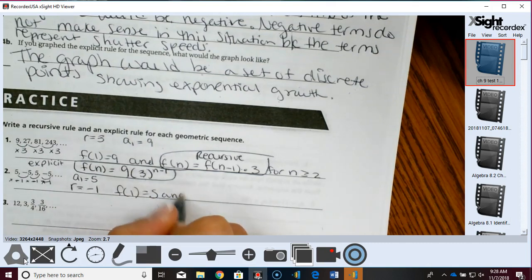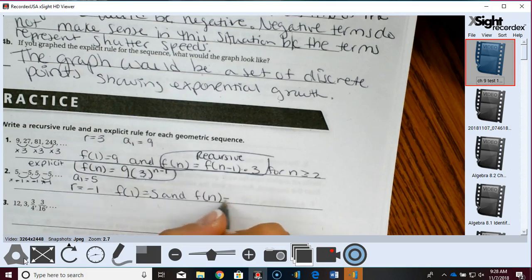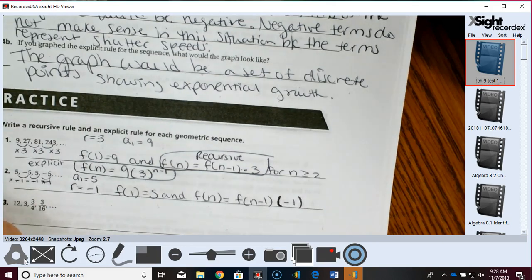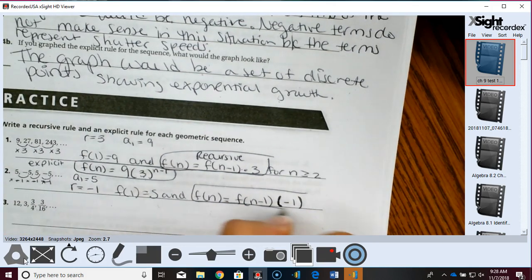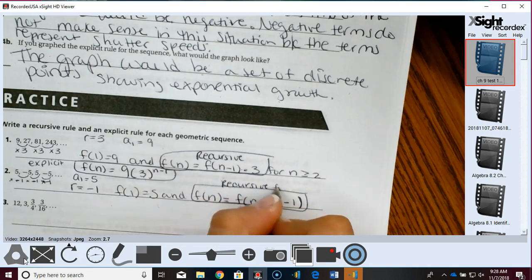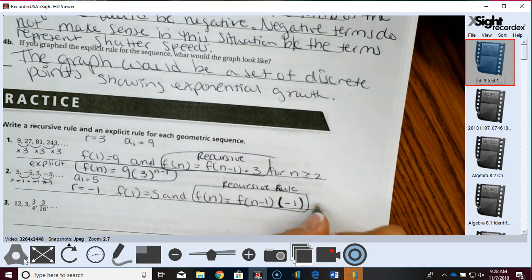And f of n equals the term before times negative 1, right? That's your recursive rule. And that's for n is greater than or equal to 2, right?